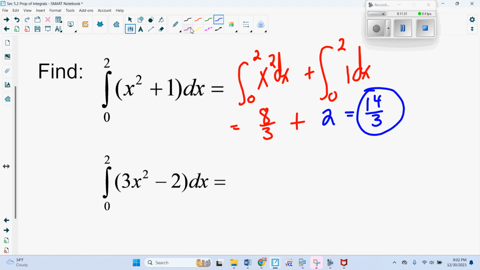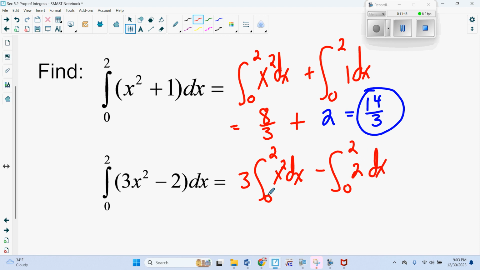Another one. Once again, we can split this into 2, and the first one, we could take the 3 out in front, minus the integral from 0 to 2 dx. This is 3 times 8/3 minus, similar one here, this is 0 to 2.